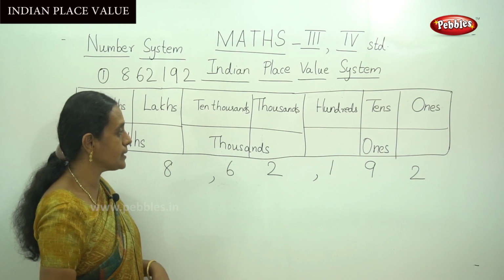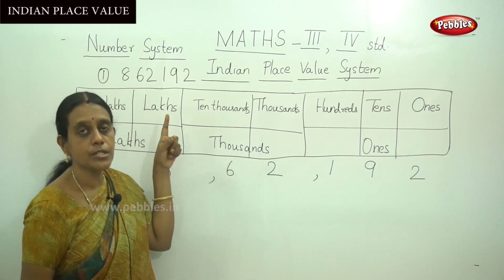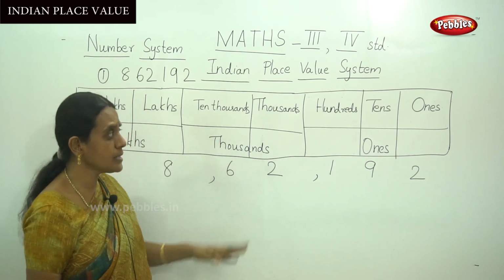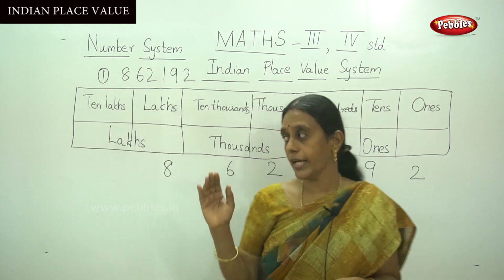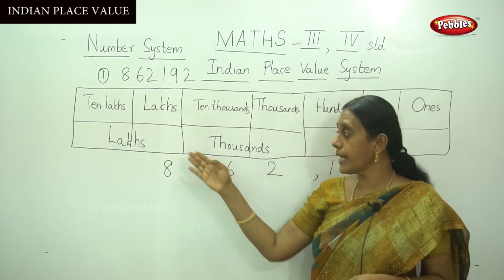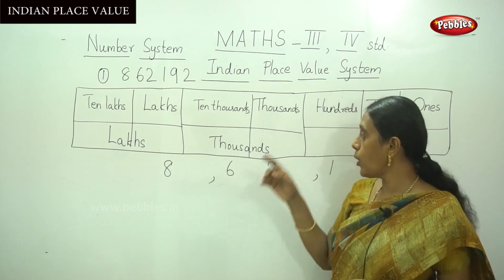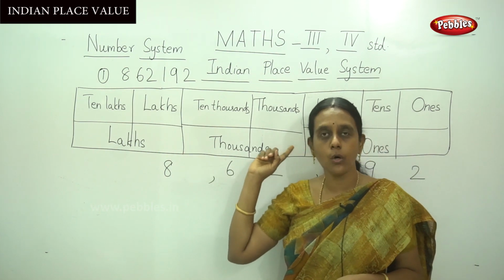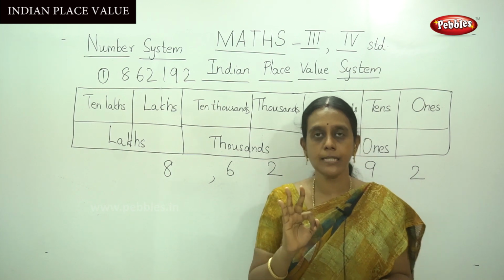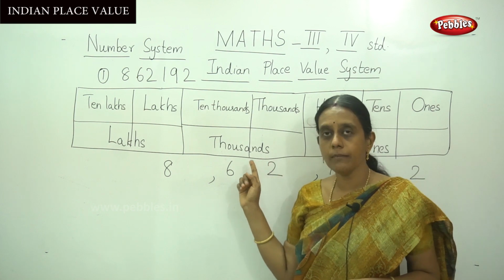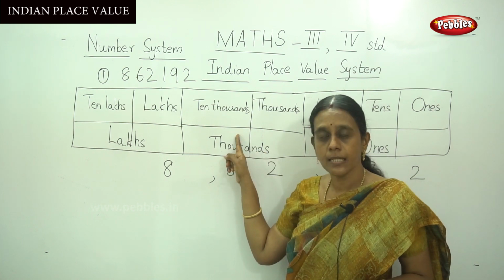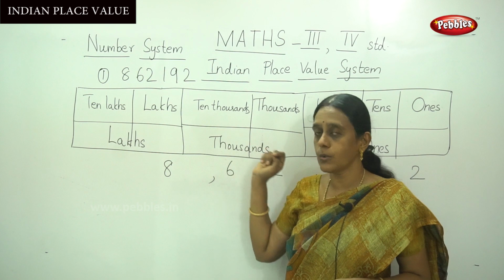Do you understand this? I took a 6-digit number, children. This is the Indian place value system. It has 3 columns: ones, thousand and lakh. The ones column has 3 places: ones, tens, hundred. The thousand column has 2 places: 1,000 and 10,000.